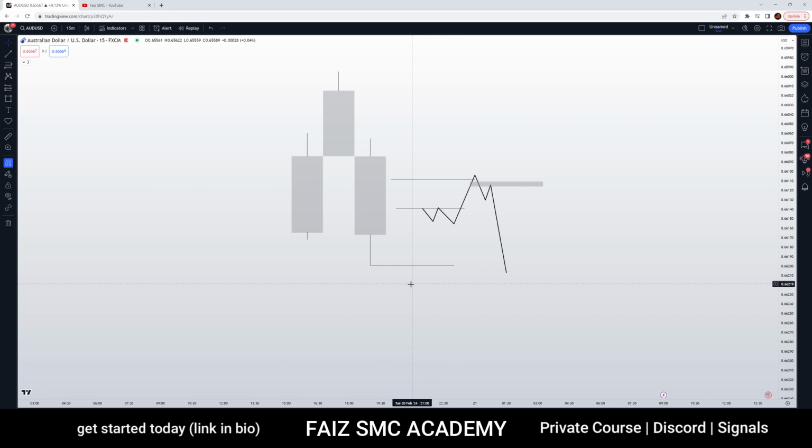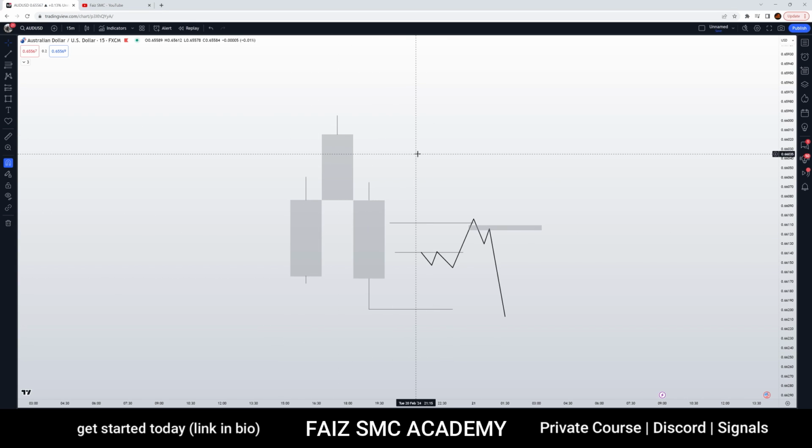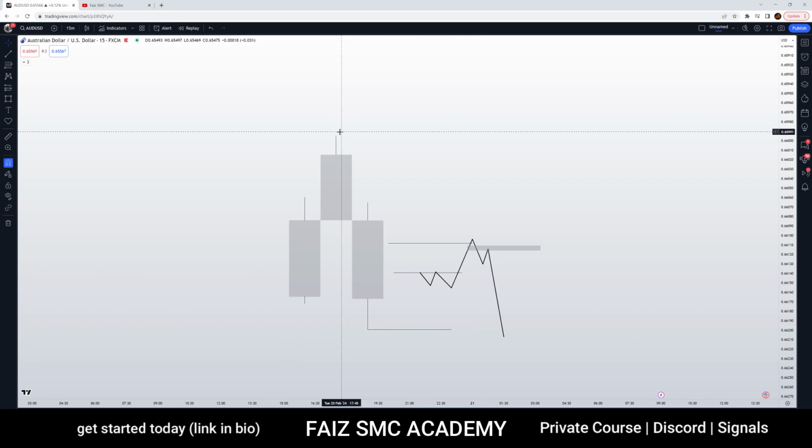And similarly, whenever a swing high forms on the 15-minute time frame, there's 80% or above chance that the low of the third candle is going to be taken out by the next candle, or the other candle that forms after the fourth candle.